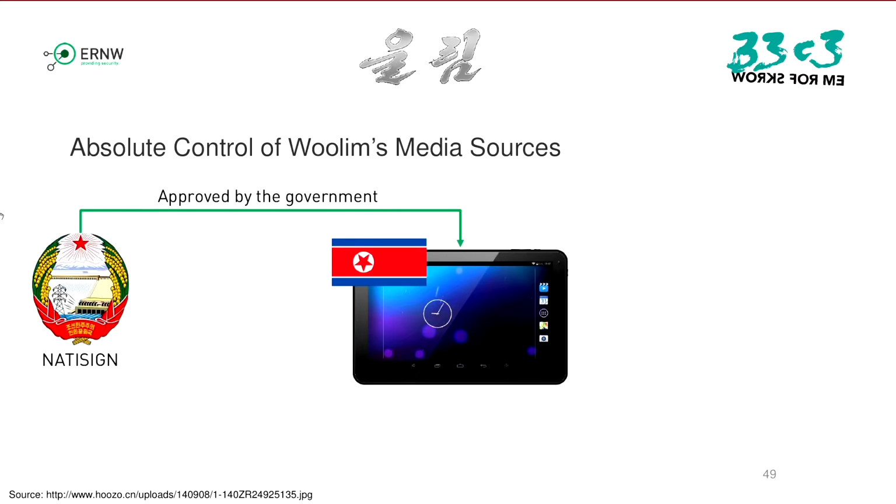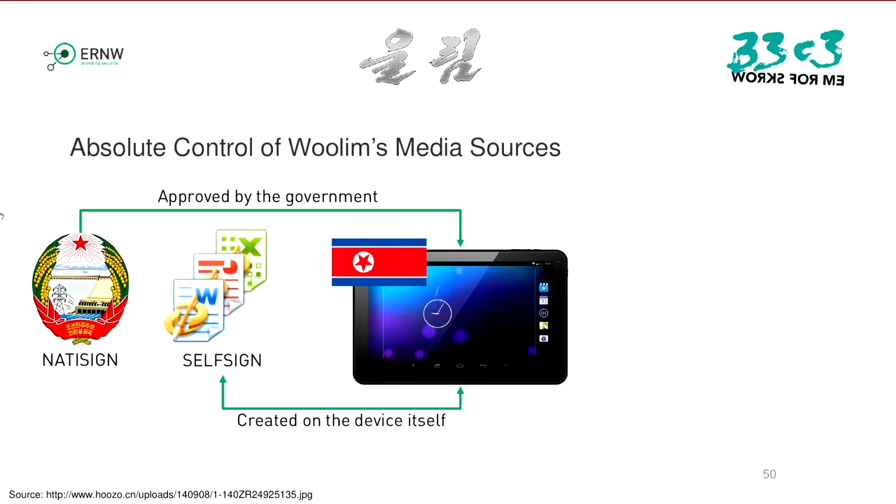You can have the government, which basically controls all the files that can be distributed within the DPRK, and they can sign those files, and they have the ultimate power of controlling what media is distributed, basically what media you can open on your Woolim tablet PC. The other way is that you can open files or documents, for example, that have been created by the device itself. So you only have these two ways of sharing files.